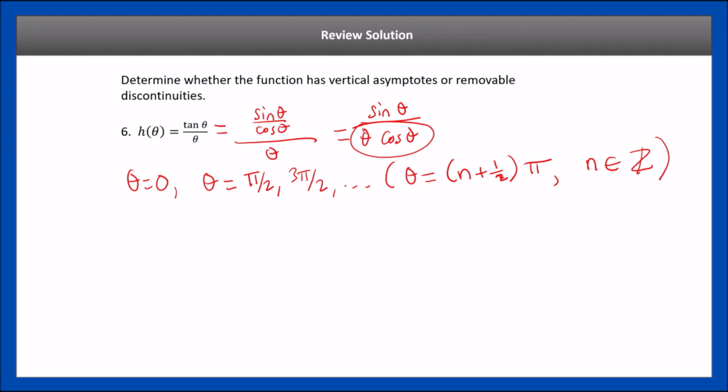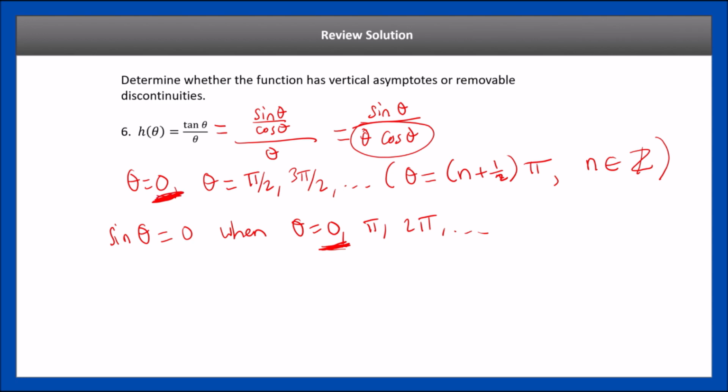So we've got two sets here. Now, keep in mind that the numerator, sine of theta, is 0 when theta is 0, as well as pi, 2 pi, and so on. Because these are both 0, that means at theta equals 0 you do not have a vertical asymptote, because the numerator is also 0.